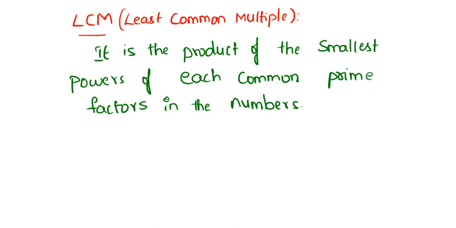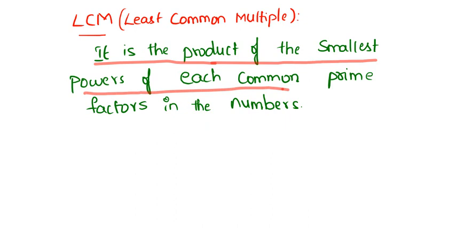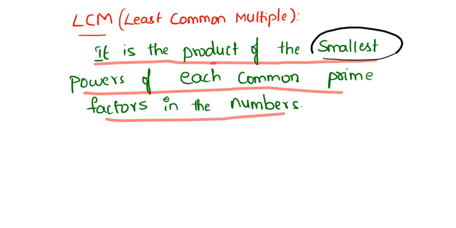LCM is the product of the smallest powers of each common prime factor in the numbers. It means we represent the numbers in the form of prime factors, as in the earlier discussion, and from those factors we select the product of the smallest powers of each common prime factor.